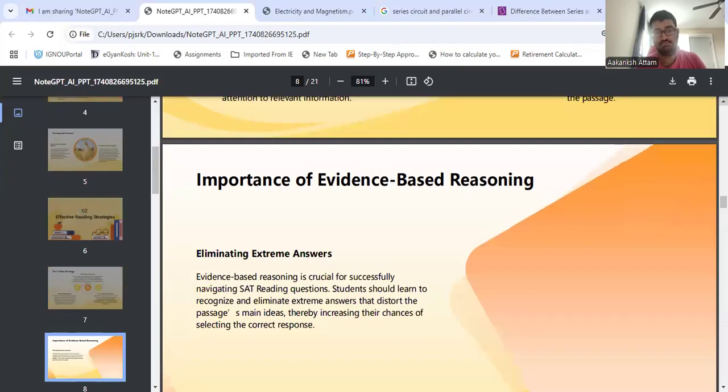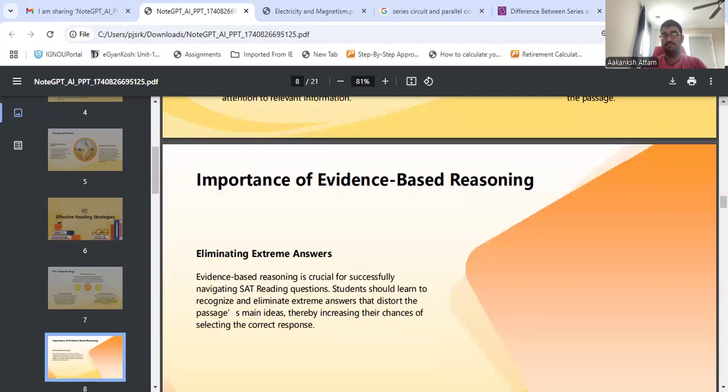Now let's understand the importance of evidence-based reasoning. Why is it necessary? We are eliminating extreme answers.